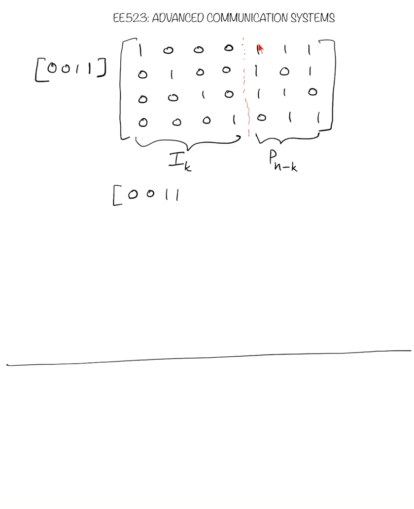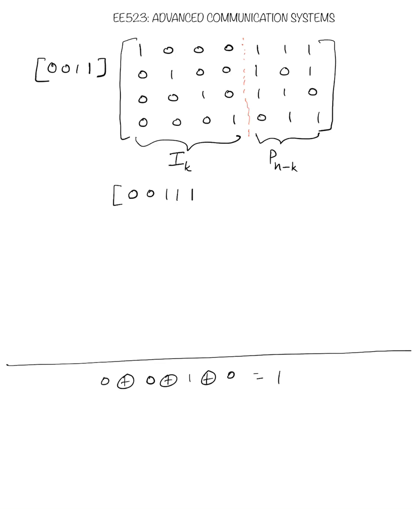It's 0 into 1 is 0, 0 into 1 is also 0, 1 into 1 is 1, and 1 into 0 is 0. So you get 0 plus 0 plus 1 plus 0, which is equal to 1, and therefore it is 1.